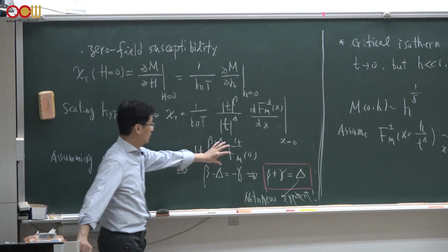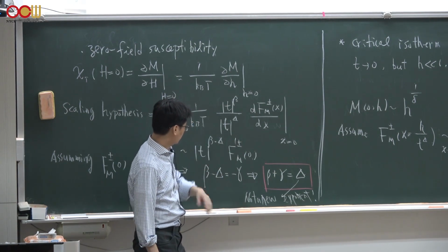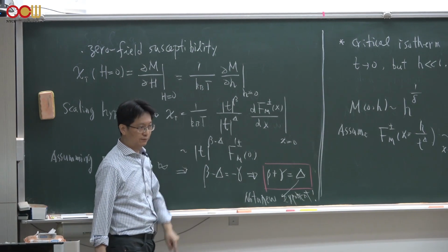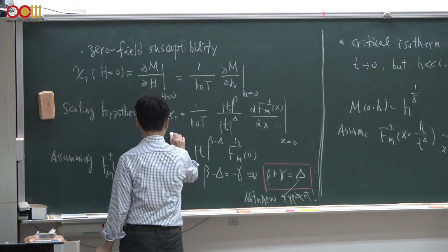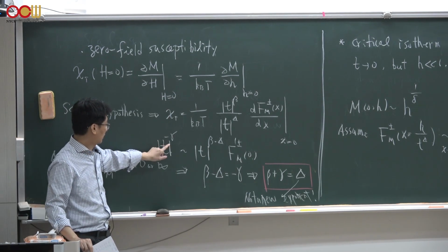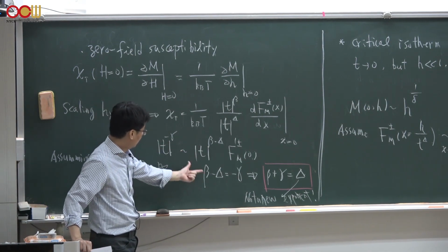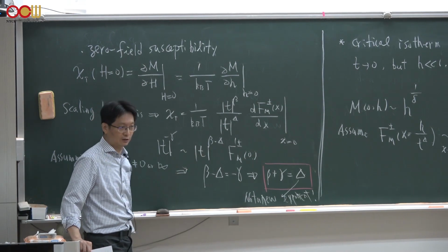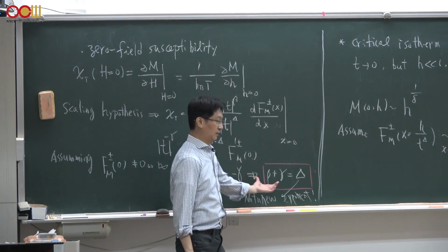Then we can simply consider this some constant prefactor, and we could compare this with the definition of susceptibility near the transition as t to the power of minus gamma. Remember that, that's the definition of the gamma exponent. So now the gamma should be equal to what? Delta minus beta, because these two powers in t should be identical. So then we get this relation here.